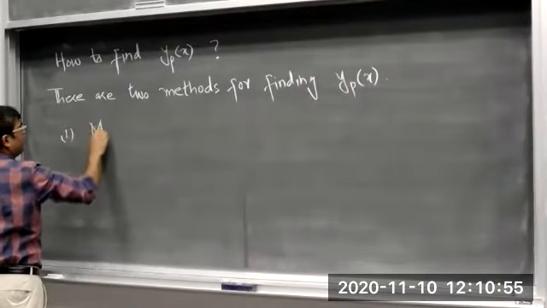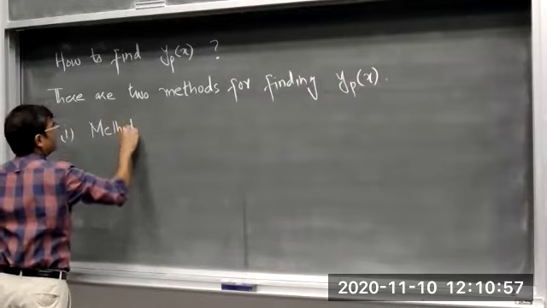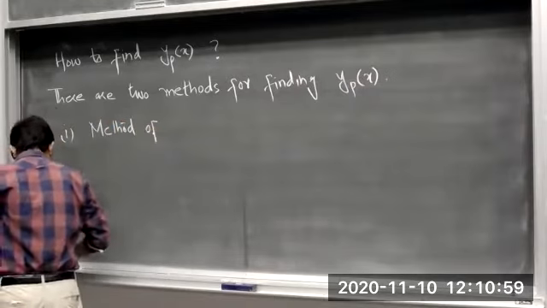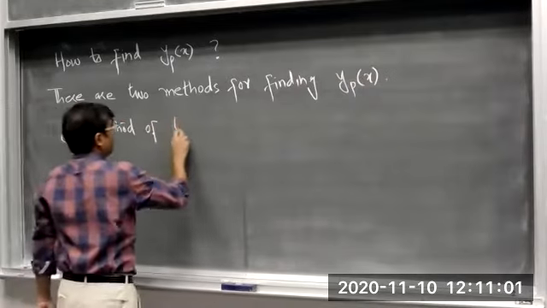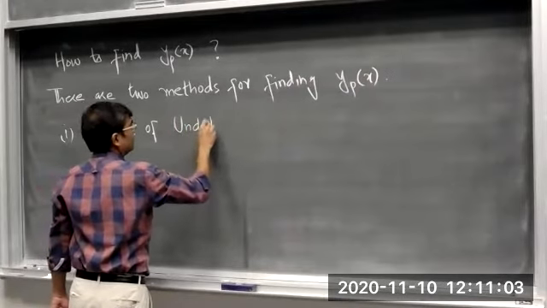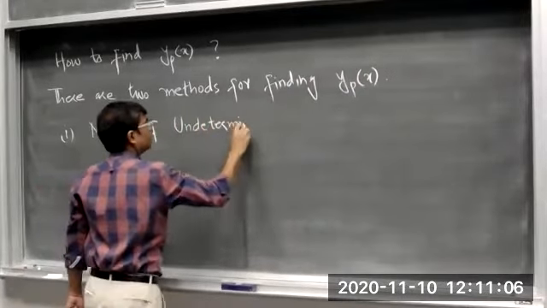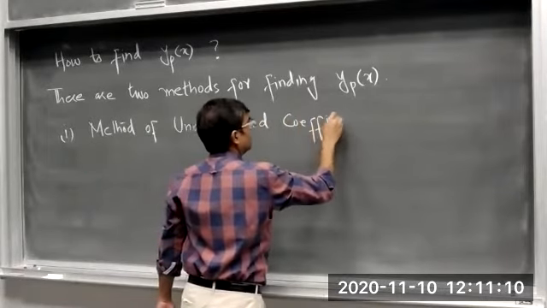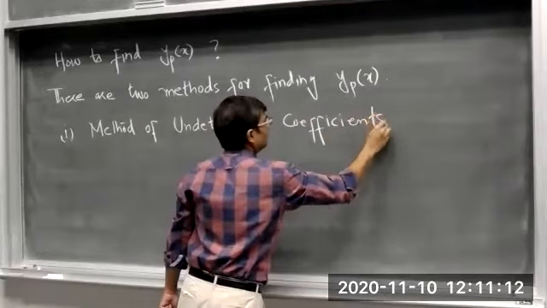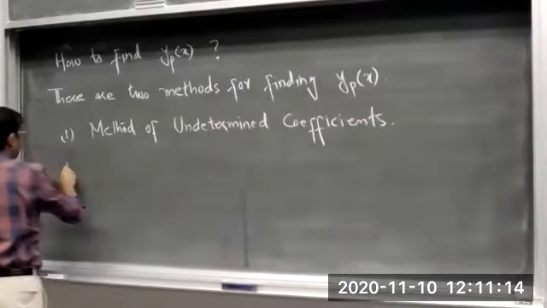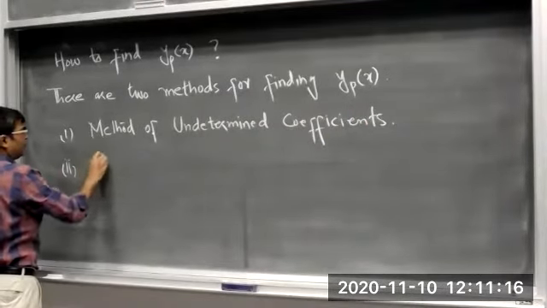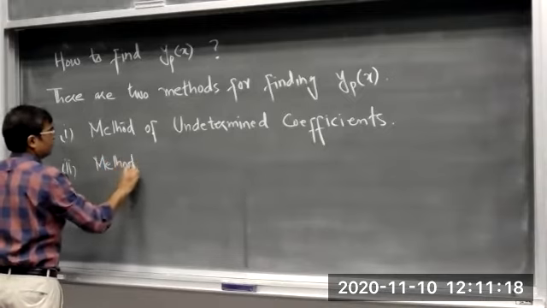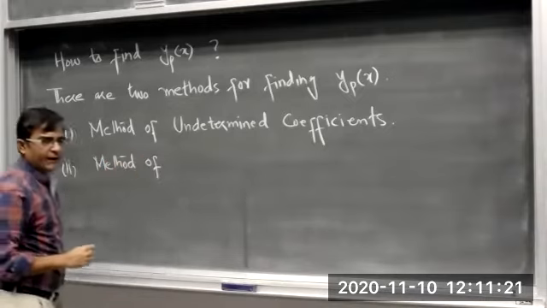One is the method of undetermined coefficients, and the second method is the method of variation of parameters.